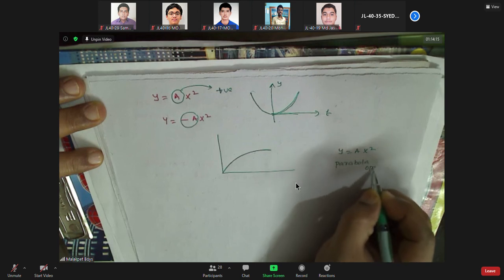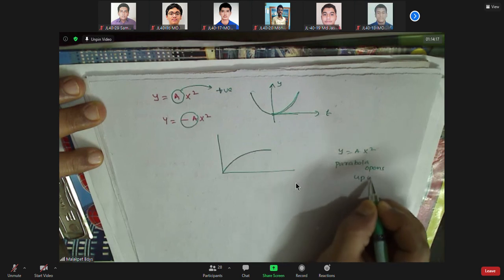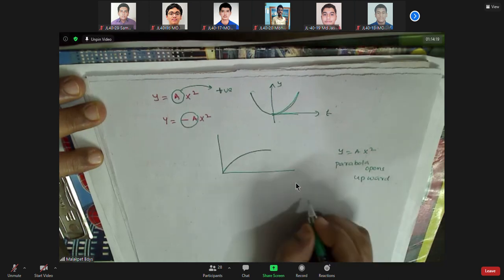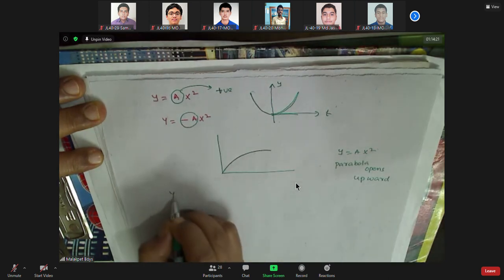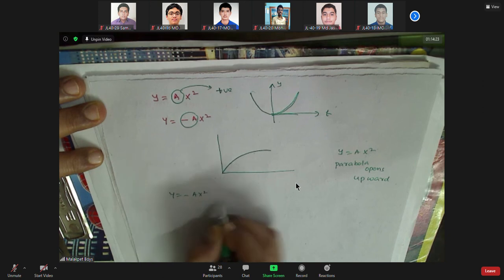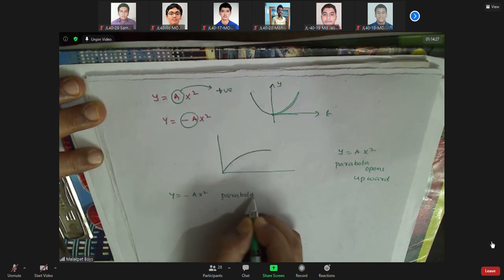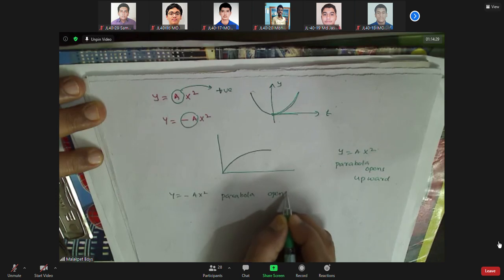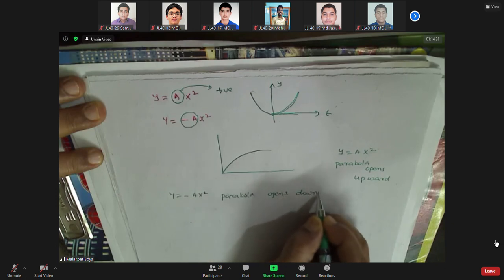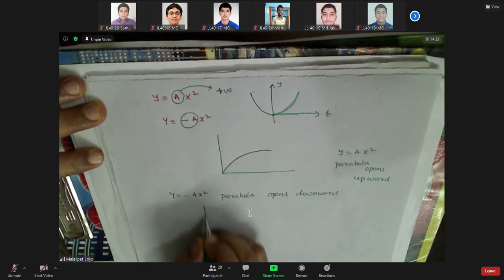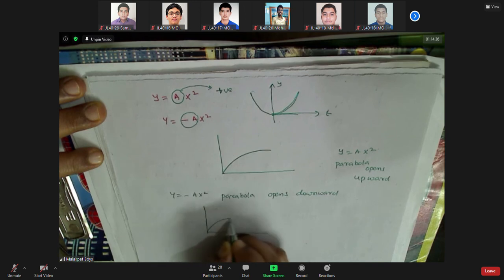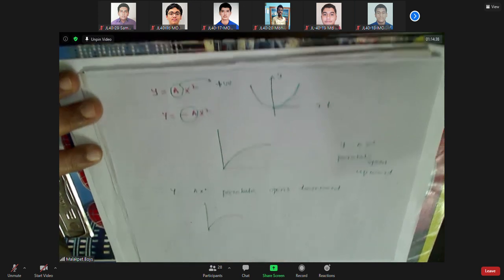And y equals minus a x square, the parabola opens downward. That means it will be something like this. Understood this or not? Clear?